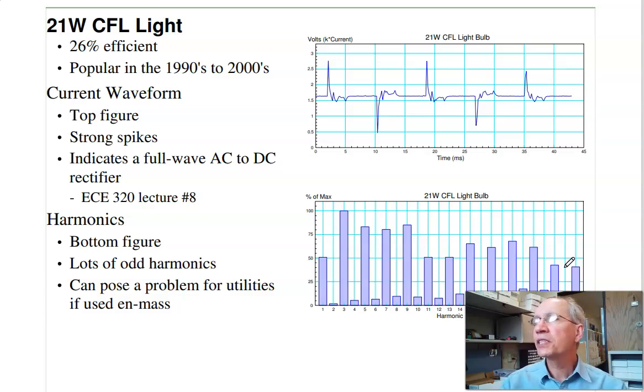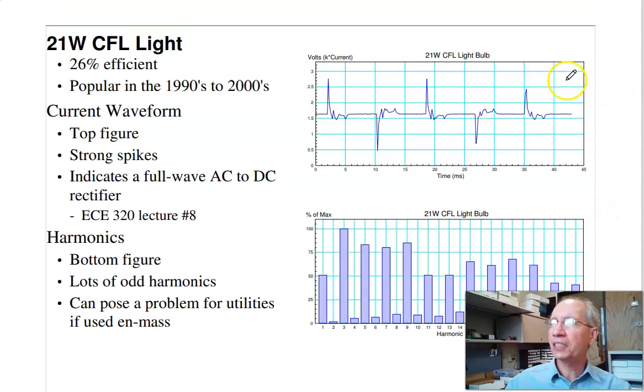What this is telling you is the CFL light bulb is actually a DC device. I want DC current from an AC source, the 60 Hz wall plug. To do that, I have an AC to DC converter. This actually is using a full wave AC to DC converter. This distance right here is 1 cycle, 1/60th of a second. I'm pulling off the plus and minus peaks.